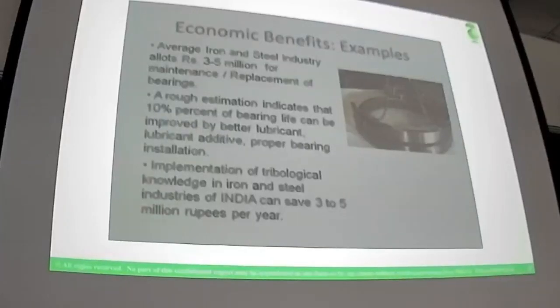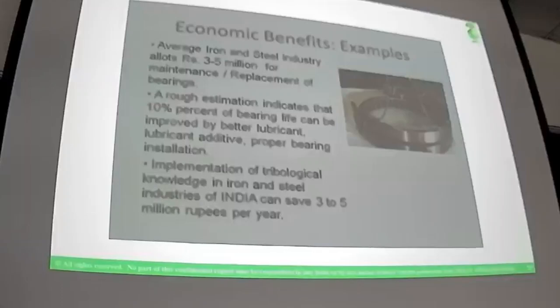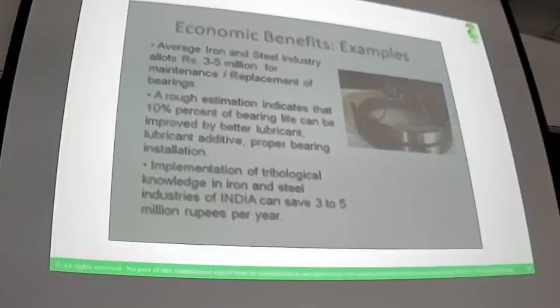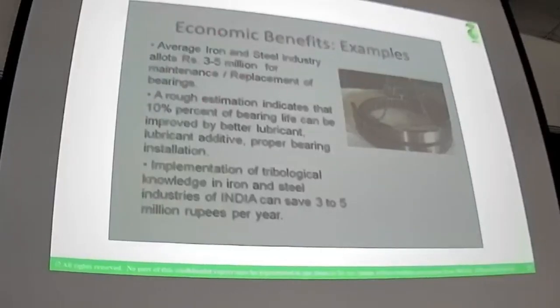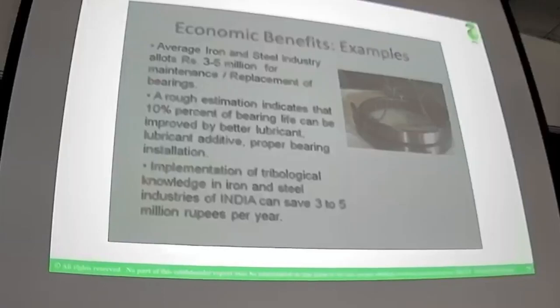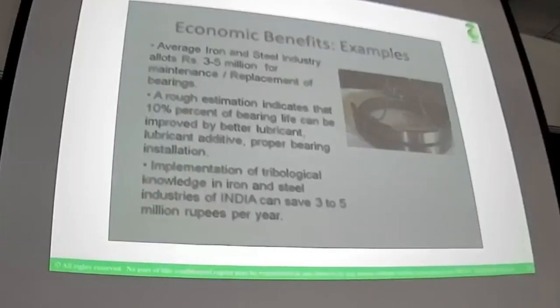And also we have another example for the iron or steel industry: the bearing in heavy machinery. The replacement of the bearing will cost a lot of money annually. So here we also have an estimation.